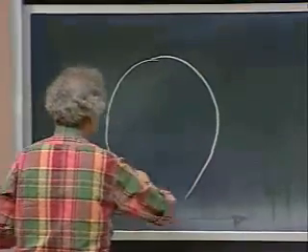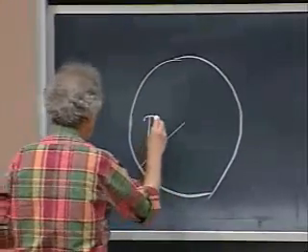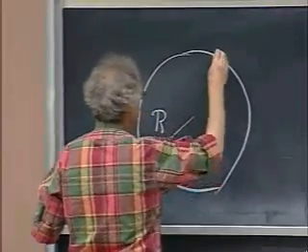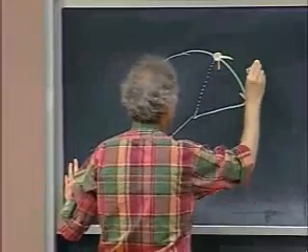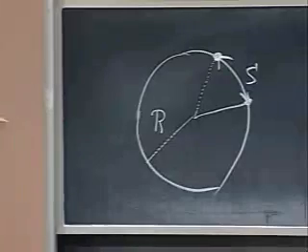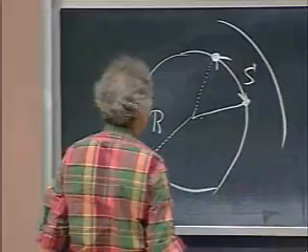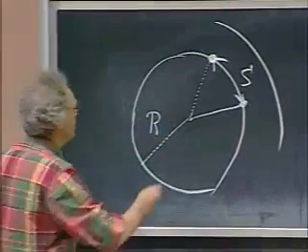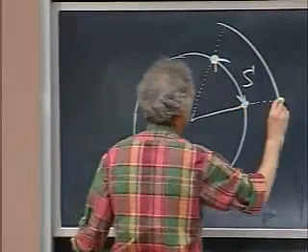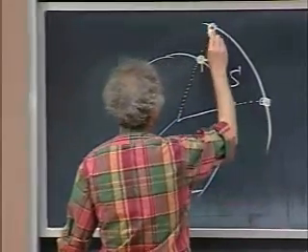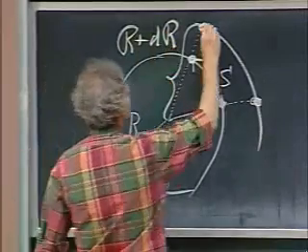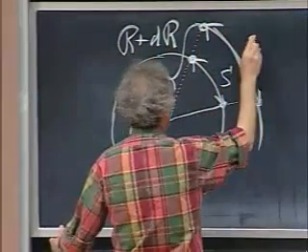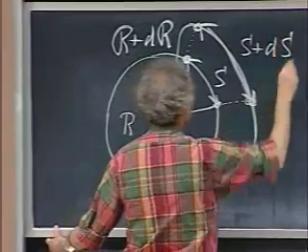Here is that balloon. The balloon has a radius r. Here is one galaxy, and here is another galaxy. And they are a distance s apart. I will call that later d, but now I want to call it s. You will see why. A little later in time, the universe has expanded. This galaxy is here, and this galaxy is here. And this distance now is r plus dr. And so the distance between the two galaxies is now s plus ds.